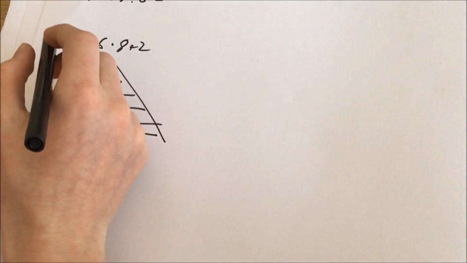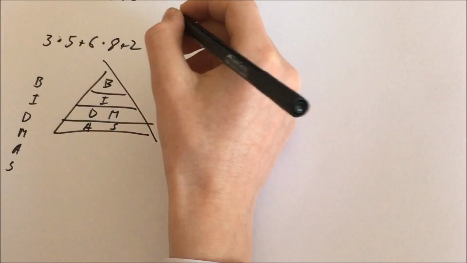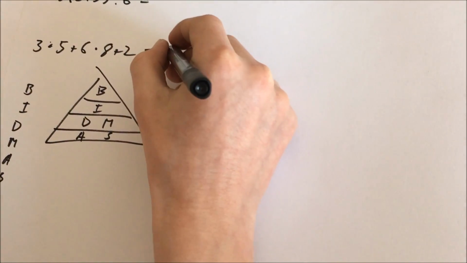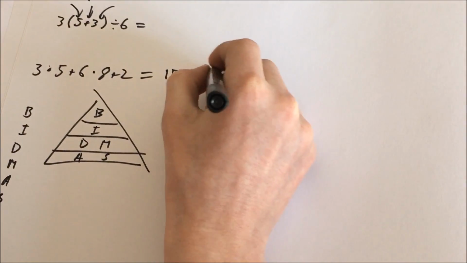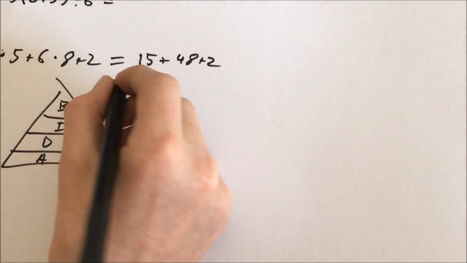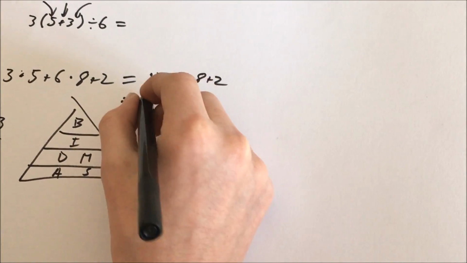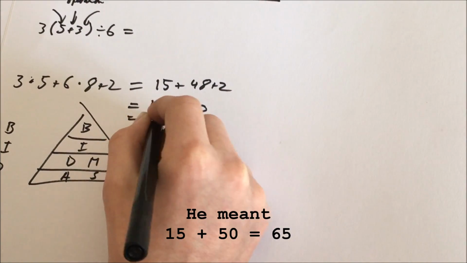Then we have a multiplication here and here, so we can do both of those multiplications, and this becomes 15 plus 48 plus 2. And then we have addition twice, and so we can just add all of these together. So 15 plus 60 equals 75.